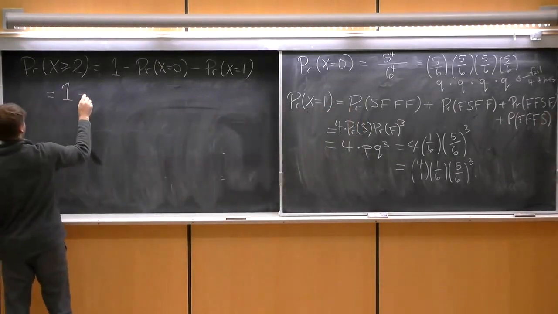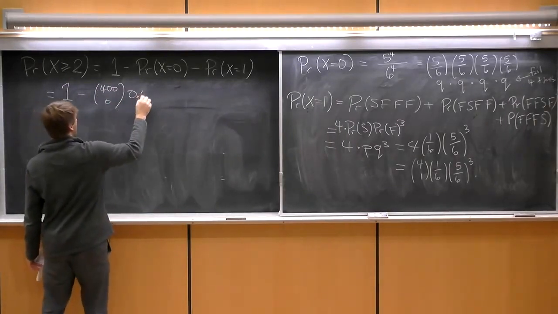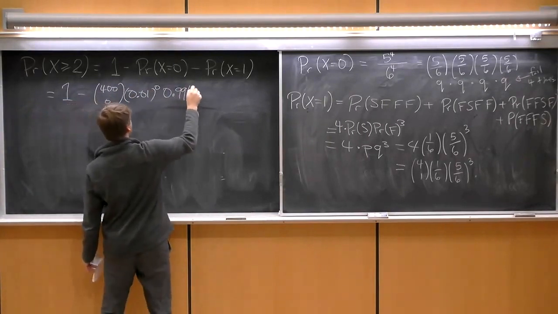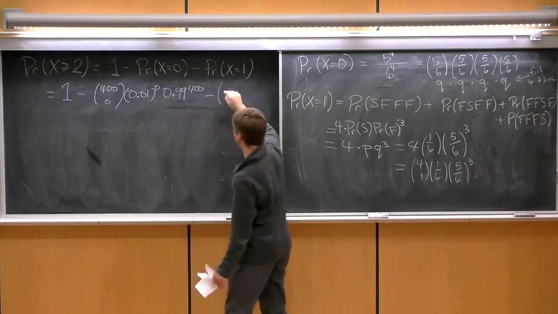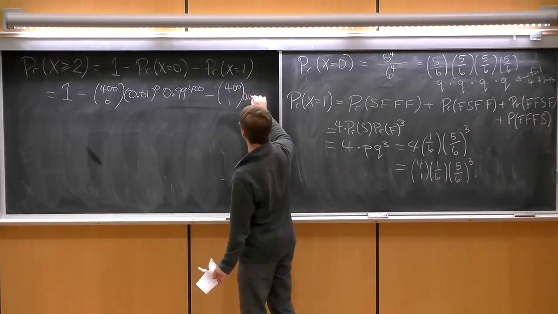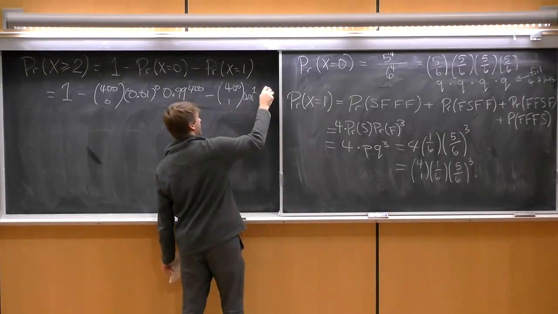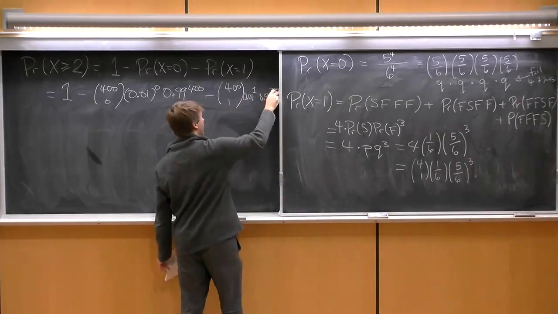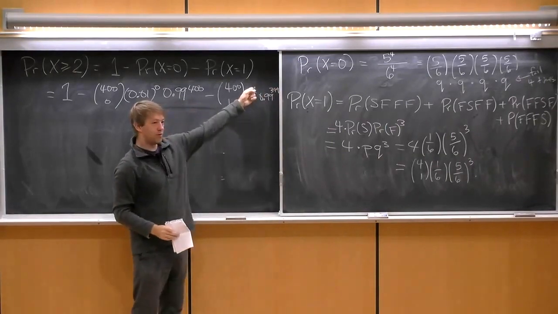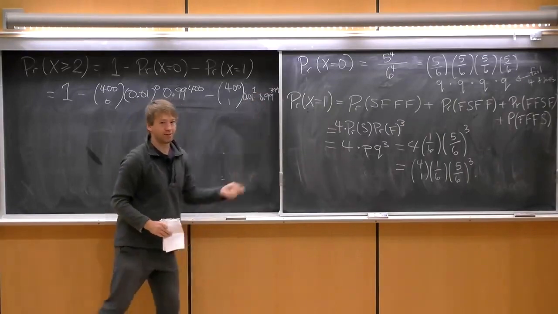So that's 1 minus 400 choose 0, 0.01 to the 0, 0.99 to the 400, then minus 400 choose 1, 0.01 to the 1, and then 0.99 to the 399.